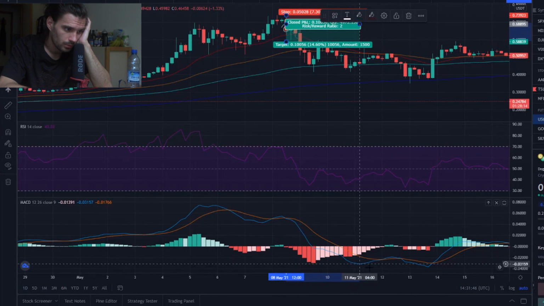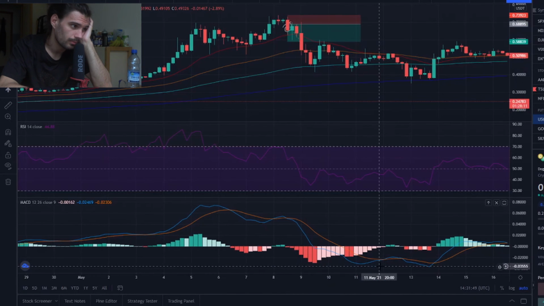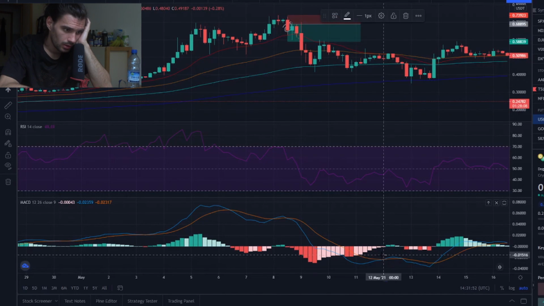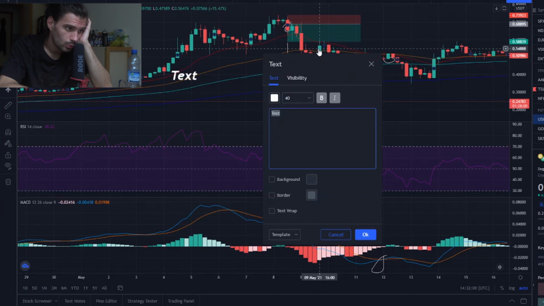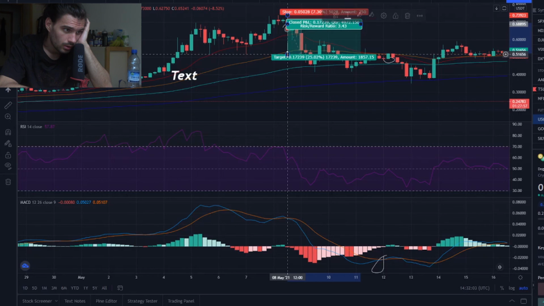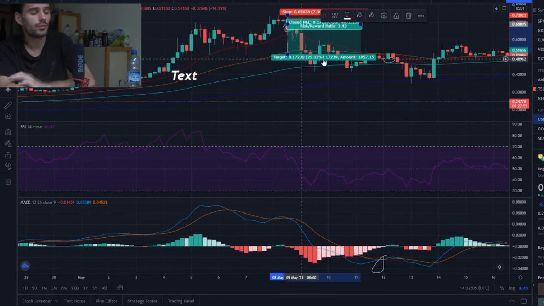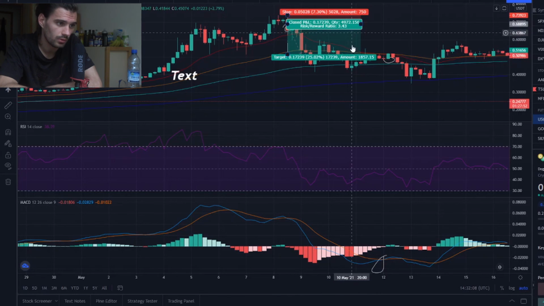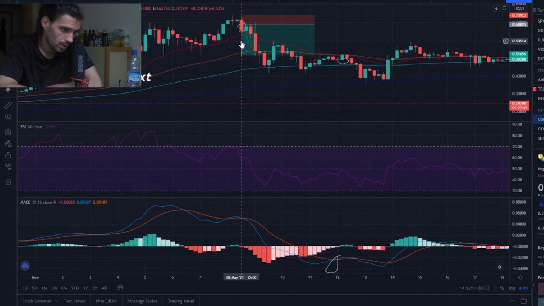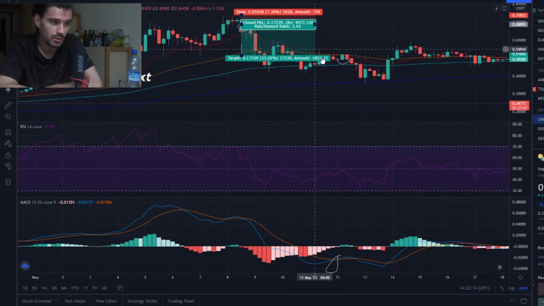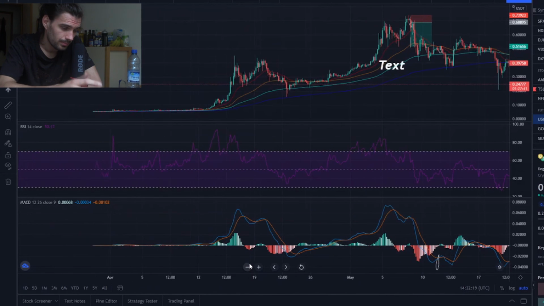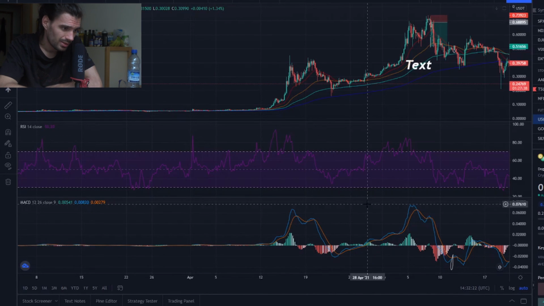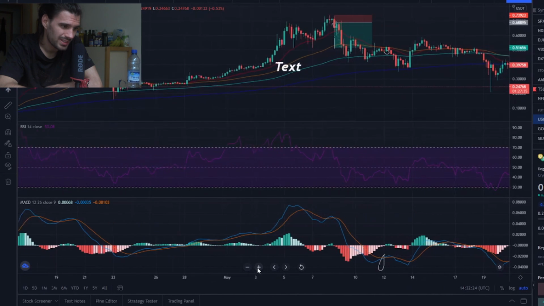If you waited again for the next crossover, which happened somewhere around here, your risk reward would have been 3.4, almost 3.5, and it would have taken you 3 days, which means this is a very simple strategy.